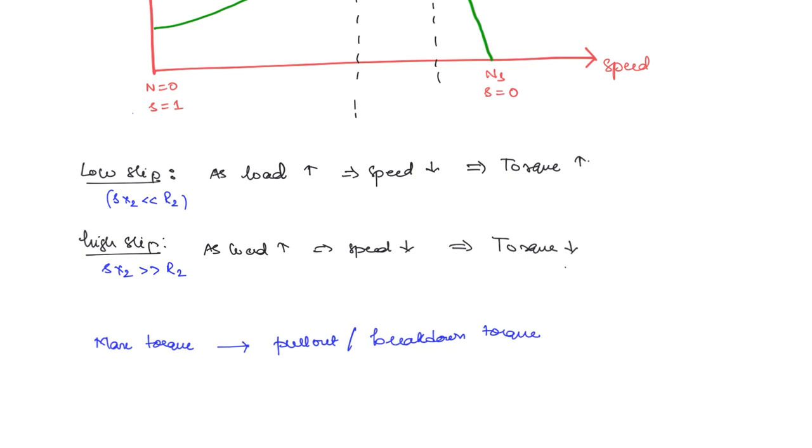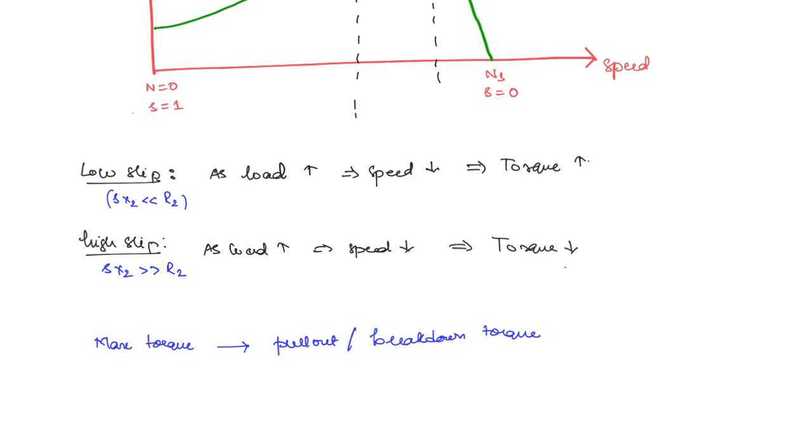So different textbooks use different terms. So what happens here? As the load is increasing, the torque is also increasing, but beyond a certain load, the torque will start to decrease. And the maximum load at which the torque will start decreasing, that is where we have the maximum torque, which we call the pull out or the breakdown torque.